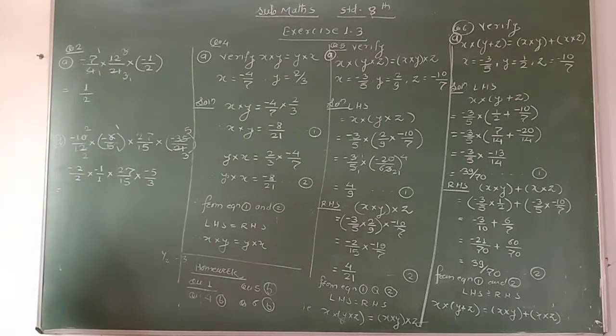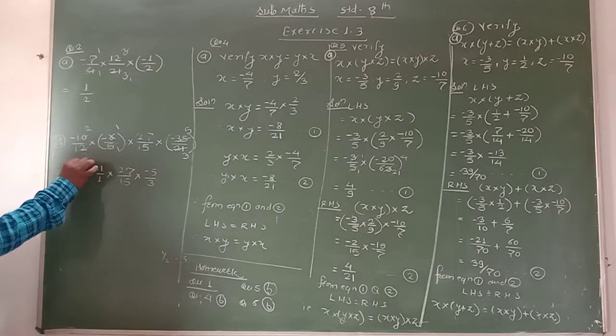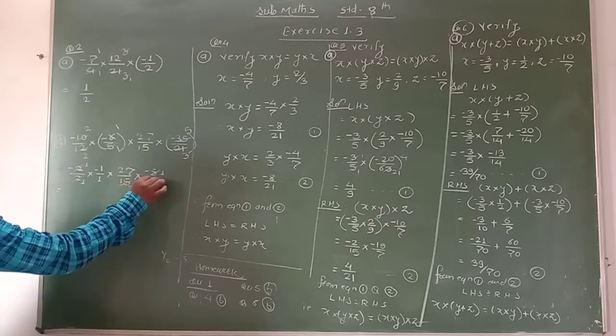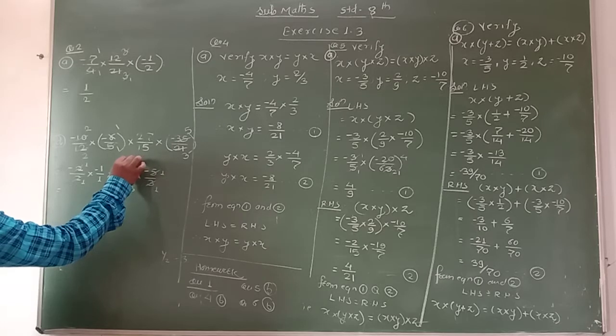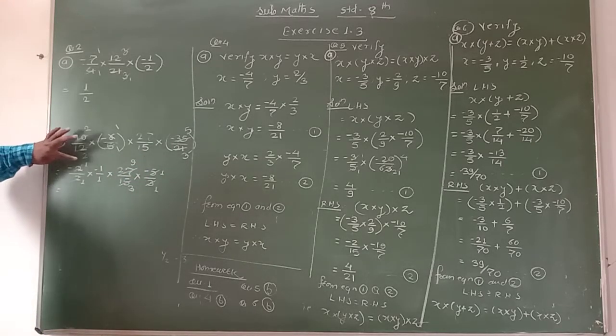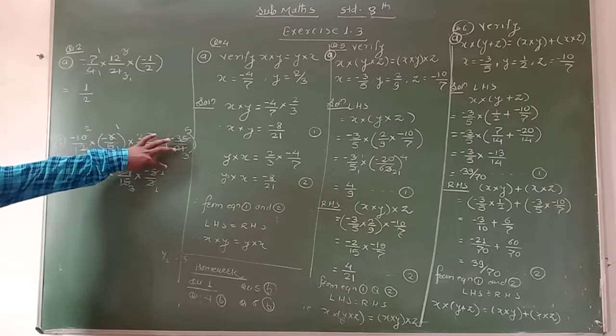Then after that, in this step again we find the common terms. Here 2 ones are 2 and 2 ones are 2, here we get, okay? Then 5 ones are 5, here 5 threes are 15. 3 ones are 3, 3 nines are 27. Now what is remaining in the numerator? That is minus 1, 9 and minus 1.